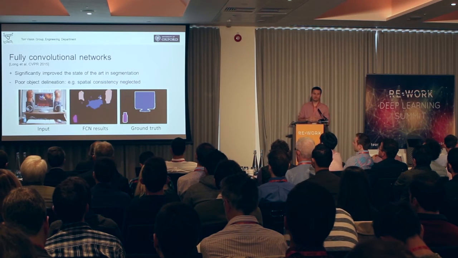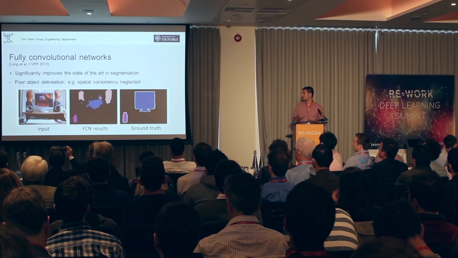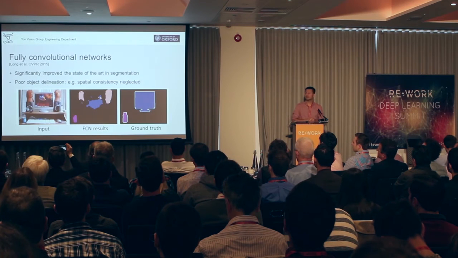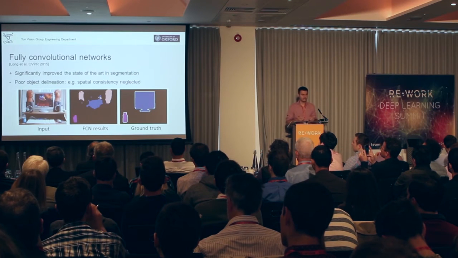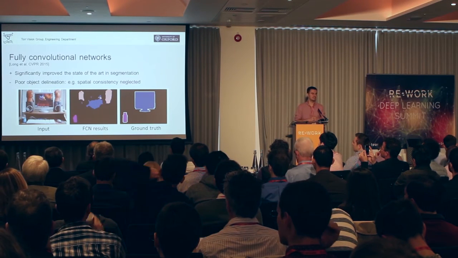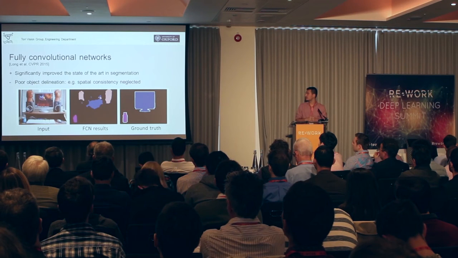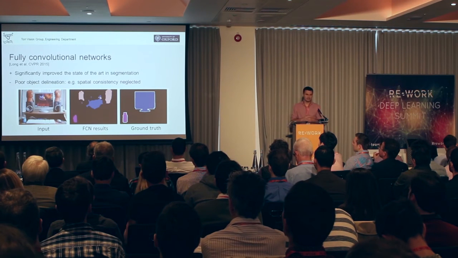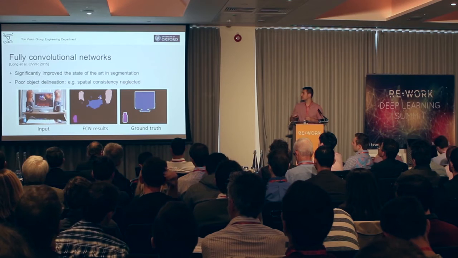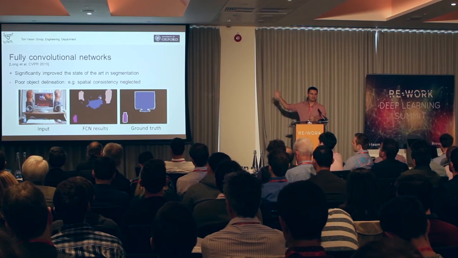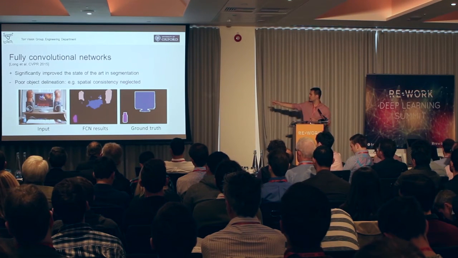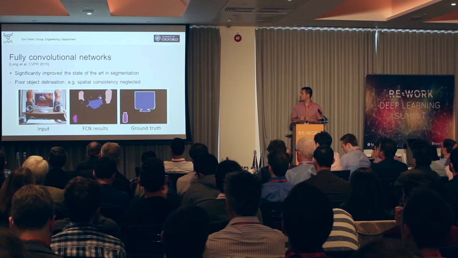Fully convolutional networks work really well, and at the time they appeared, they became the state of the art in semantic segmentation in different benchmarks. But one issue that we saw is that the results we get using this model are like the one that we see here.